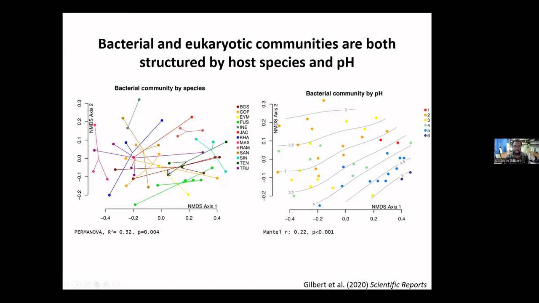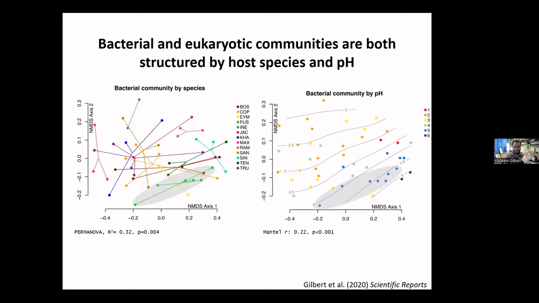But then the key thing here is that if you zoom in closer and compare across these, this green species at the bottom here occupies one particular end of pH space, right? So you can see how there's this gradient of pH where the less acidic it is, the communities converge to this point.